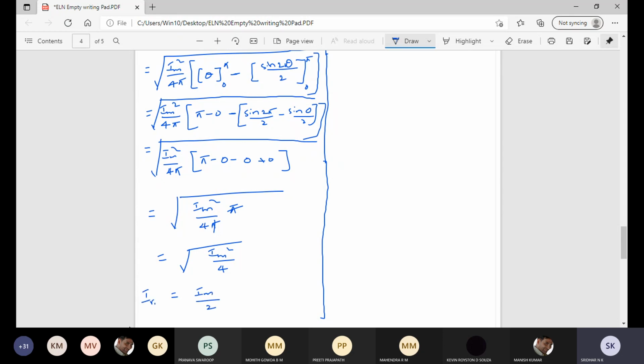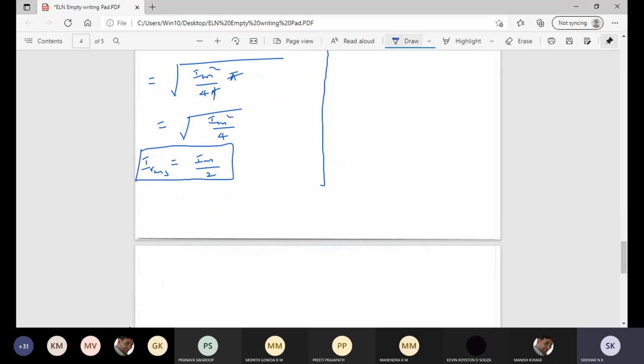This is IRMS, or in another way you can write this as IRMS is equal to 0.5 times Im. Right.